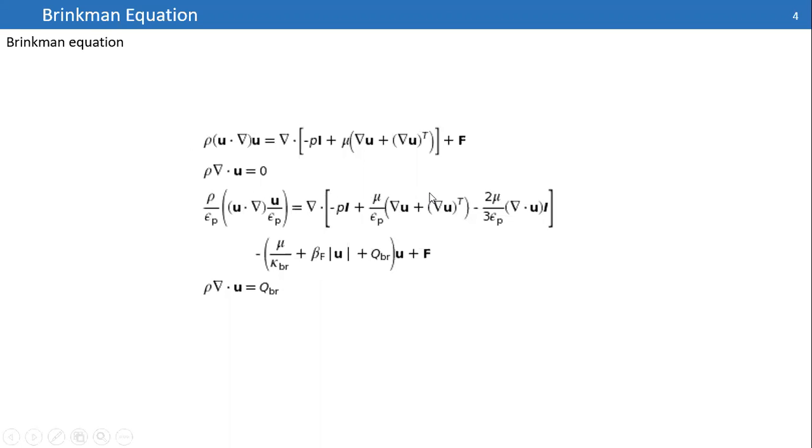So it's a way that we can solve our fixed bed as a porous medium, and we can reach the velocity profile that we want, not just velocity profile and pressure, everything that is related to velocity.